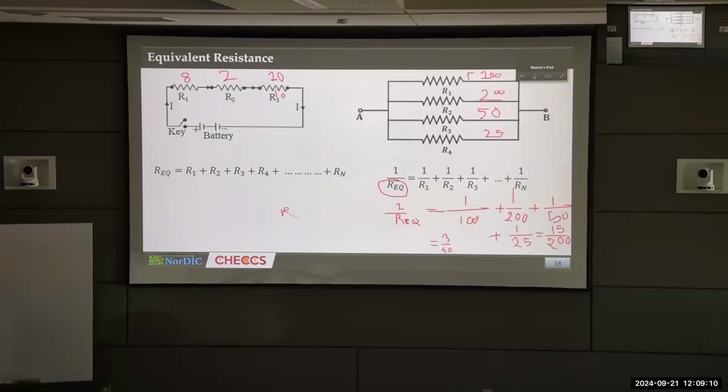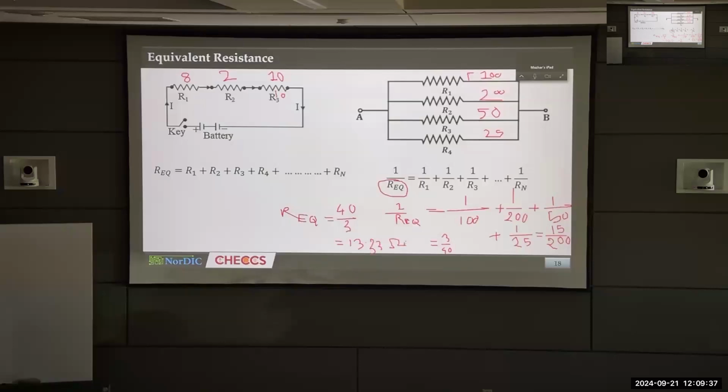So this is 1 by Req, so you have to reverse it again. So Req will be 40 divided by 3. If you calculate it, it's going to be around 13.33 ohms.